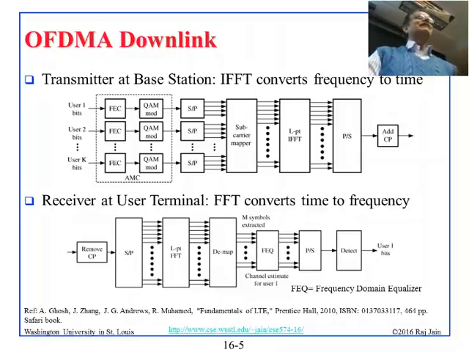This is still downlink: this is the downlink transmitter, and this is the downlink receiver. The uplink is coming in a minute, because remember I said OFDMA is only in the downlink.